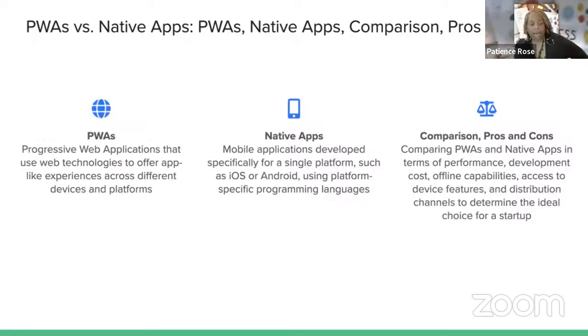So native apps are native applications or mobile applications that are developed specifically for a single platform, such as an iOS or Android device. Those are great in certain scenarios, but again, it's going to make it so that you have to deploy it for more than one app store.